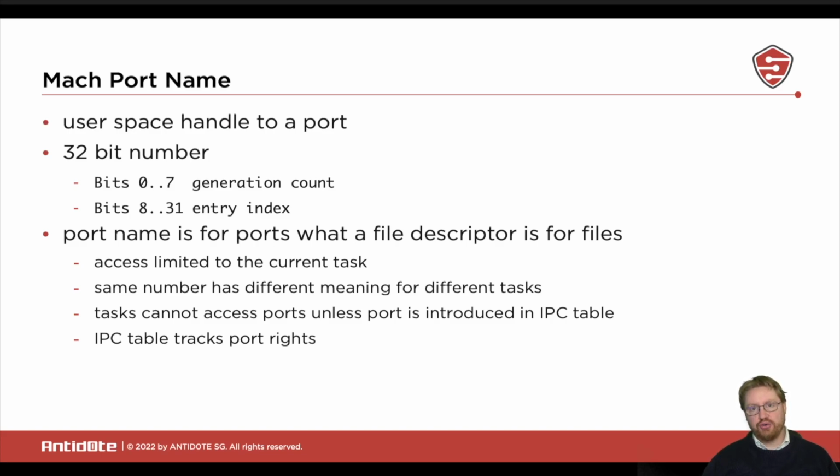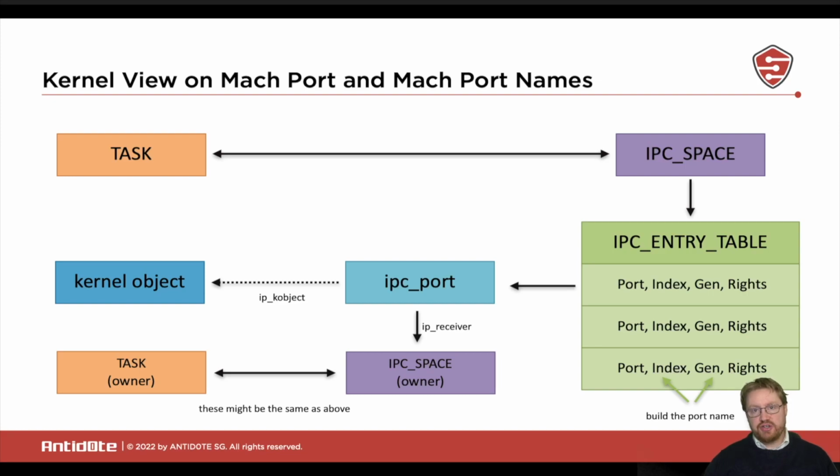There's an algorithm that always gives you the next value for the generation count. So in userland, the generation count plus the index together give you the actual user space handle for a port. The following graphic visualizes this a little more, how this all comes together.